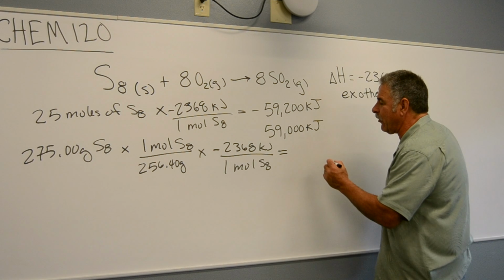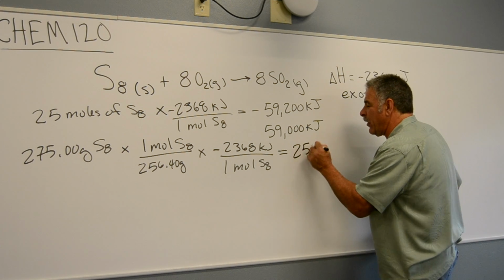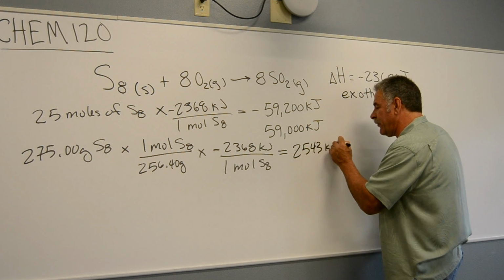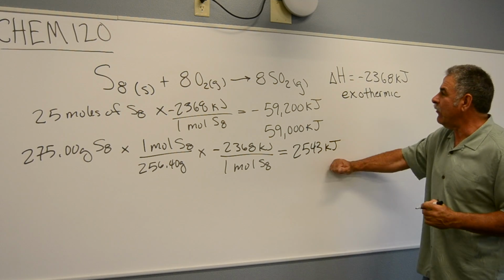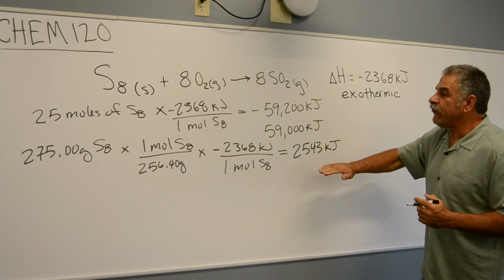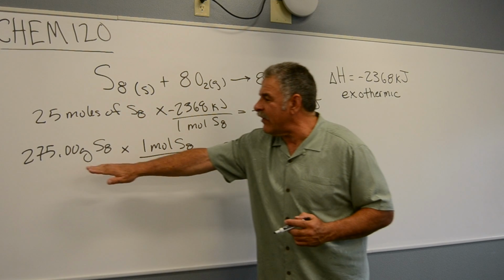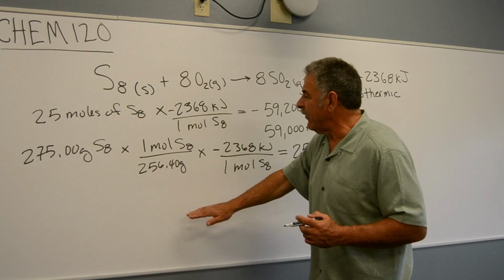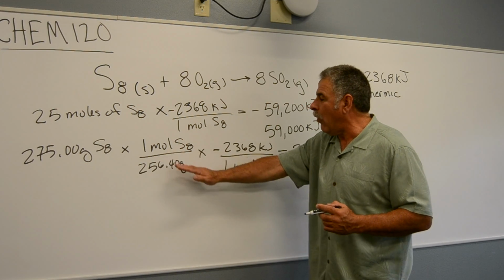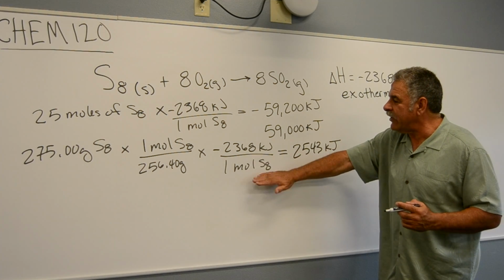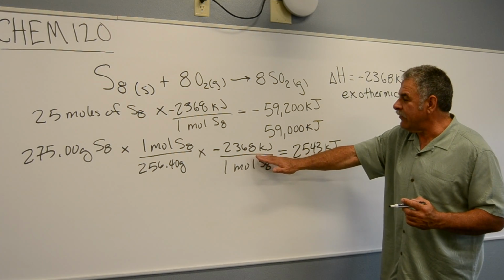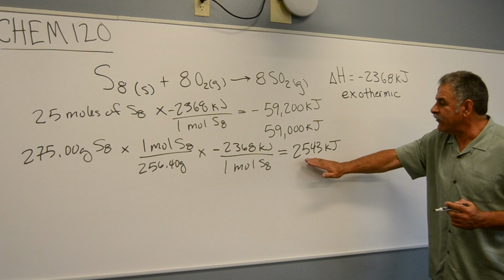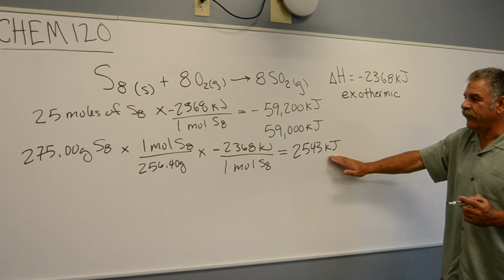Once we do the math, we get 2543 kilojoules of energy for delta H. So when we run this reaction with 275.00 grams, we do the conversion to moles, then the energy conversion to kilojoules per mole, we get 2543 kilojoules.